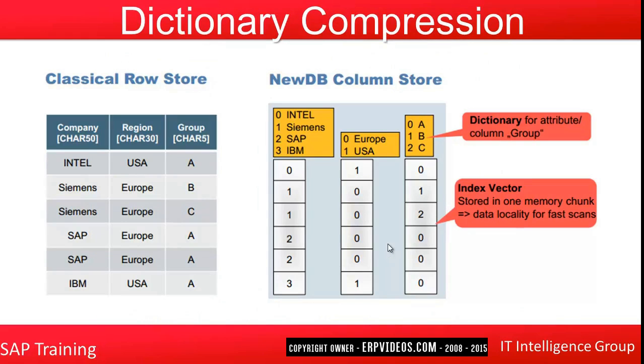Now here is an example of another aspect, which is dictionary compression, how the compression takes place in the HANA database. This is your classical row store. You have these three columns and these are the different rows present here. This is your column store.